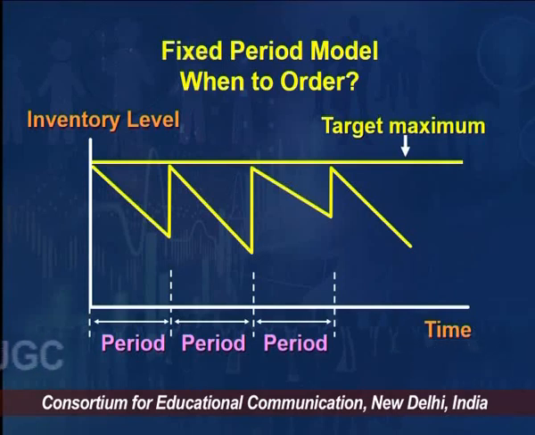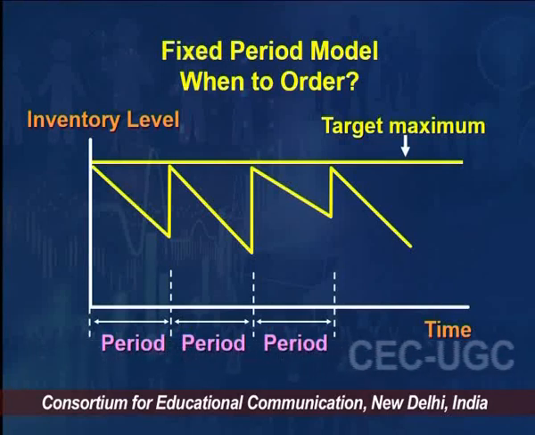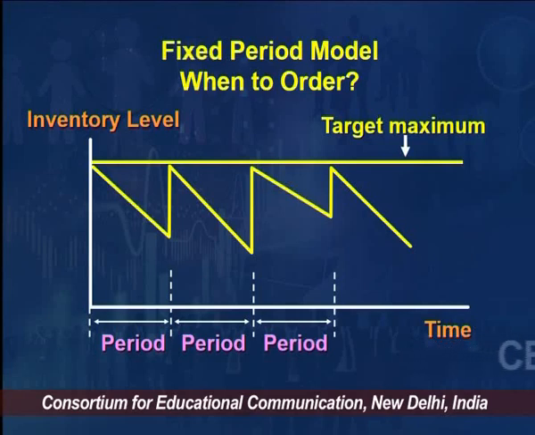Whenever you order, you want to have the inventory at this maximum target level. So at first period, you have ordered something, you have consumed it, and then once again, the vertical line shows that the order has come. Again in the second period, the slanting line which is going downward shows that you are consuming the material, and at that point you have reordered. So the inventory consumed is more, so the order you have given is also more.